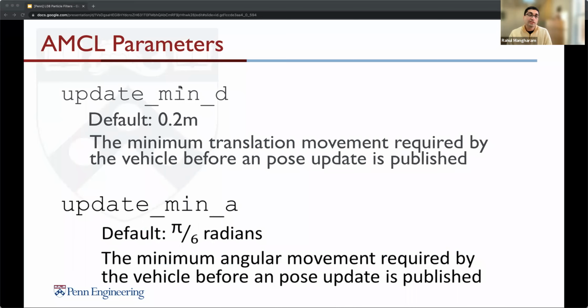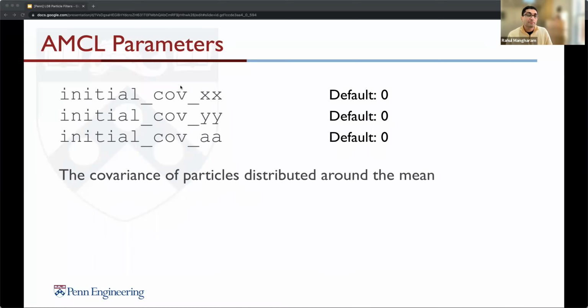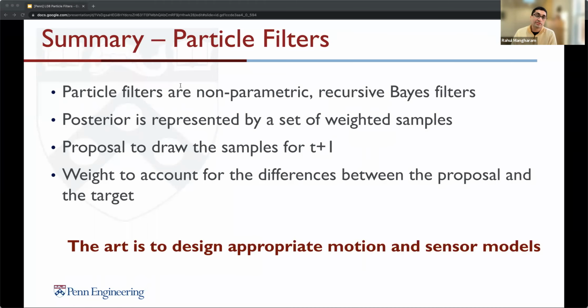So as you're moving, again, making it too small provides bad localization due to insufficient samples. The initial pose gives the ability to programmatically define the starting position of the car, and this can also be set manually through RViz. Finally, the covariance of the Gaussian distribution can also be set. This defines the spread of the particles around the mean position.